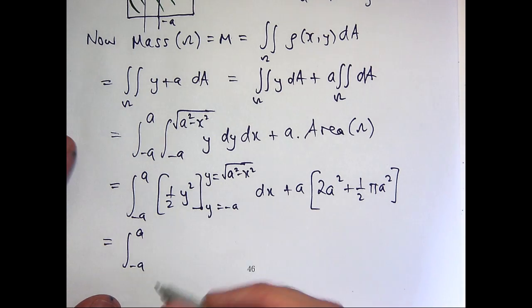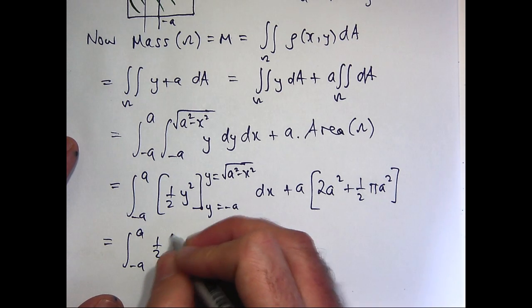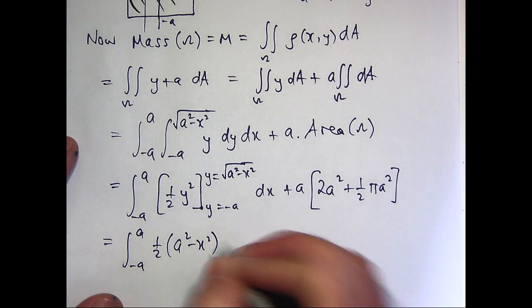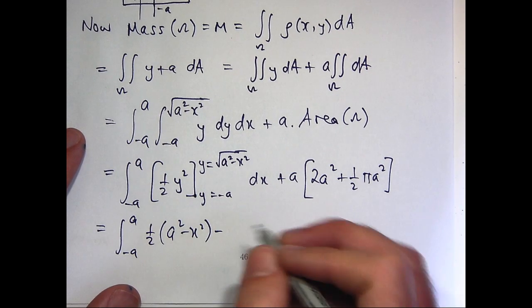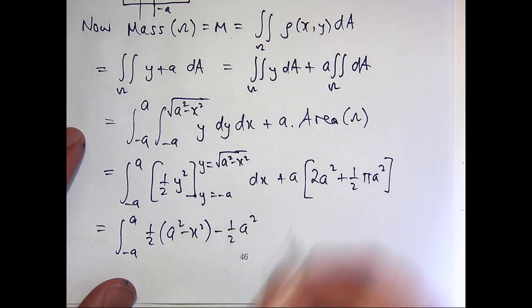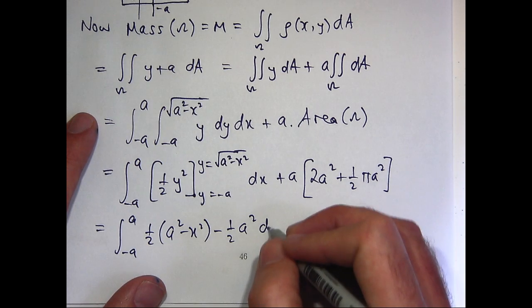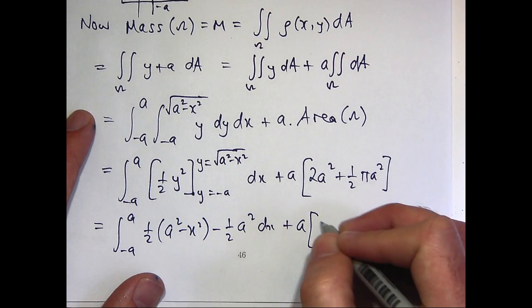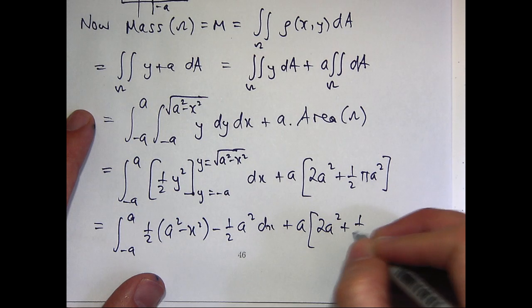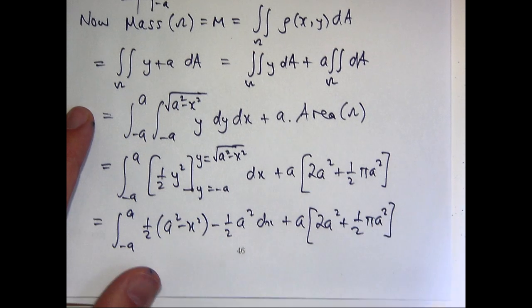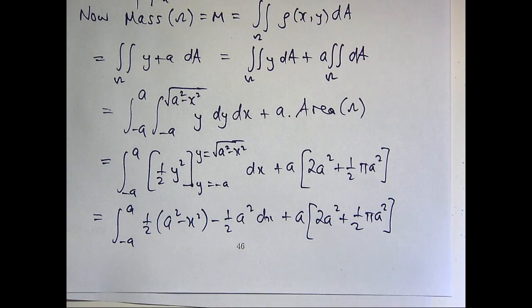When I square that, I'm going to get something like the following. Minus a half a squared. Now it's just a single integral that I can evaluate.